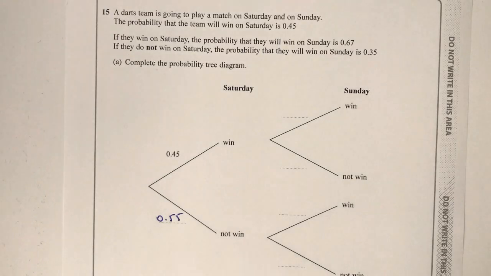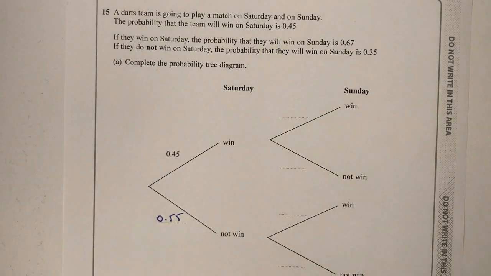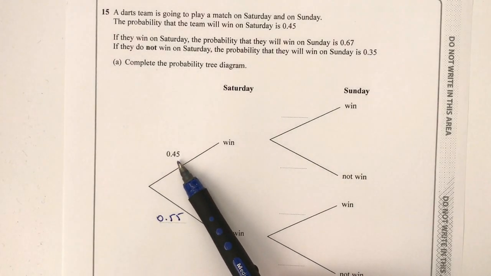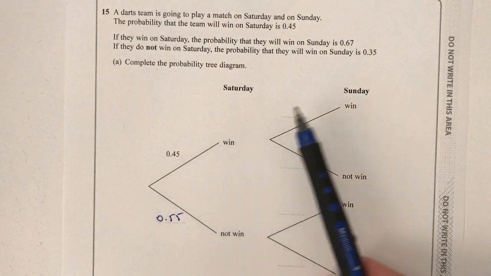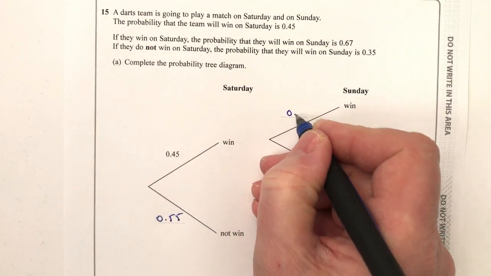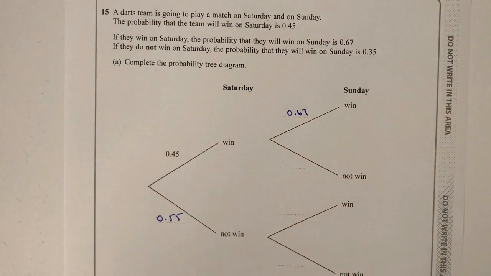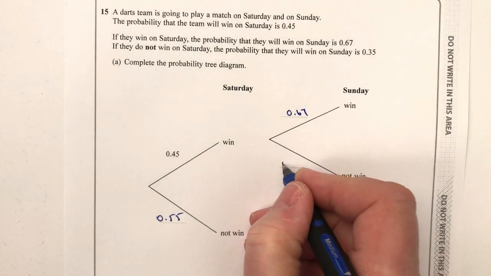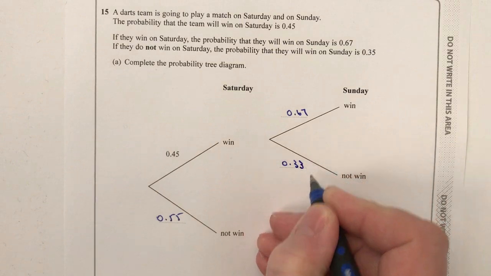Then it says if they win on a Saturday, the probability they will win on a Sunday is 0.67. So I can put that in, 0.67, and then that would mean that losing would be 0.33.